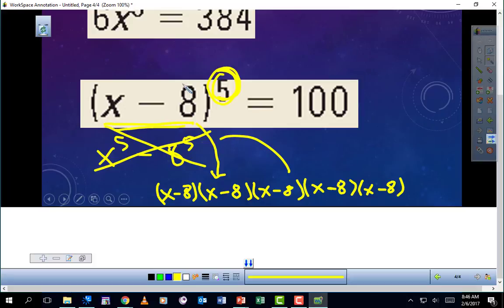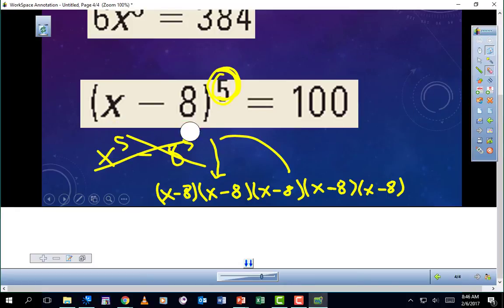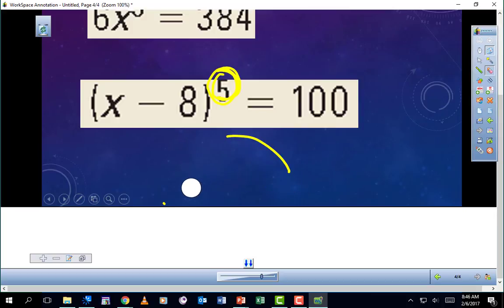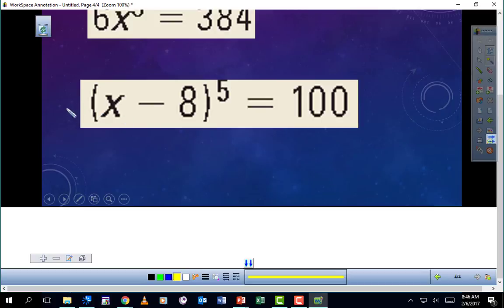So why not get rid of that 5 by doing a 5th root on both sides? So the smarter way to go, I hope, you agree. I mean, if you insist, you can multiply this all out, and you could try refactoring it and all this other junk. It would be extremely annoying and cumbersome. Why not do a 5th root on this side and do a 5th root on this side?